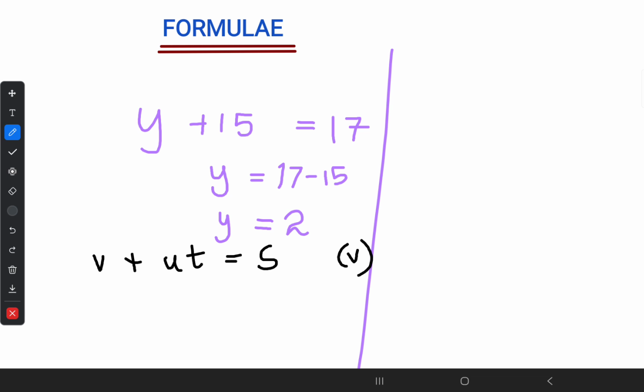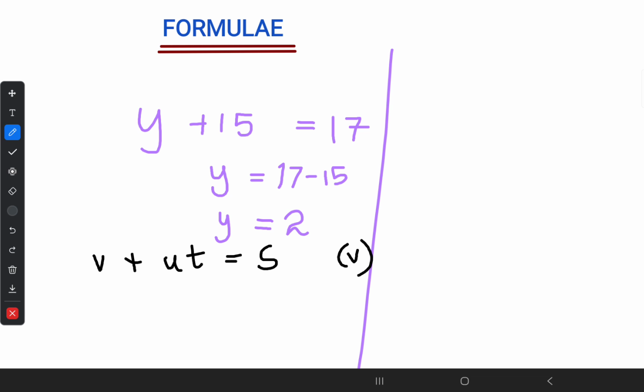U, V, T, S, all are unknown quantities. These kinds of expressions are called formulas. In a formula, more than two unknown constants appear in an equation.